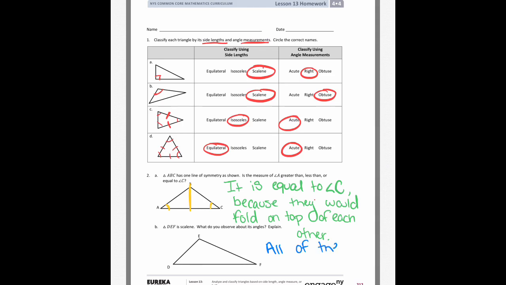And then if it's scalene, none of the sides are equal, which also means that none of the angles are equal. So I'm going to put all of the angles are different measures, since all of the sides are not equal. Sorry, it's kind of hard to fit on here.